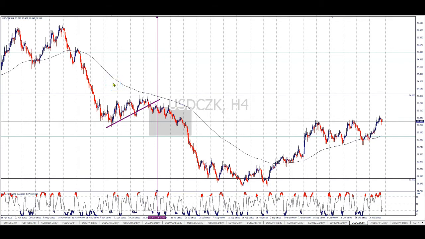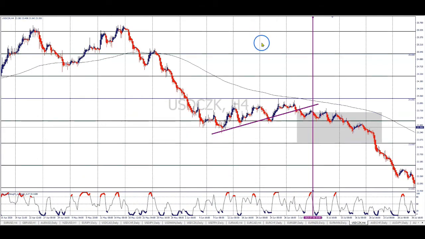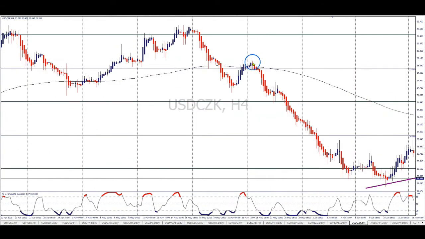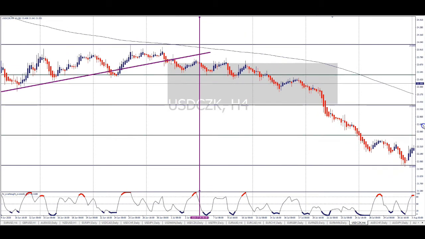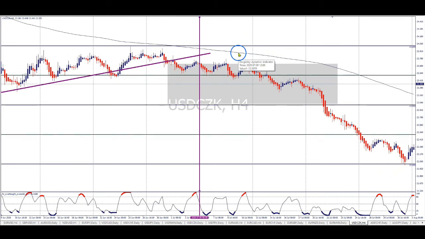All the banks use a 200 period moving average to show long-term trend direction in the market. So when price is trading below the 200 period moving average, you're looking for sells. If price trades above the 200 period moving average, you're looking for buys.